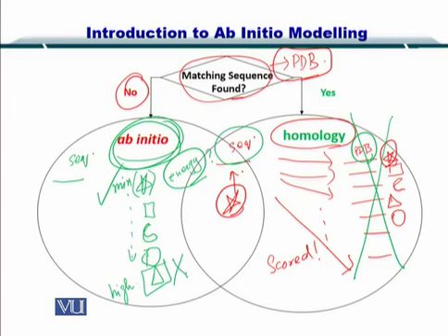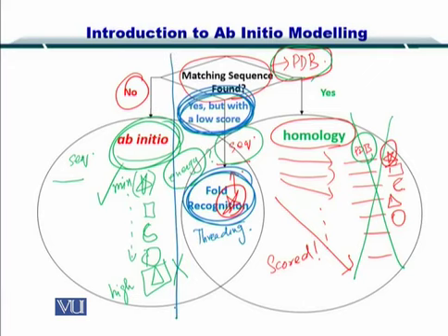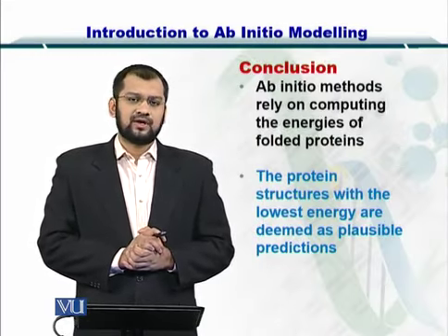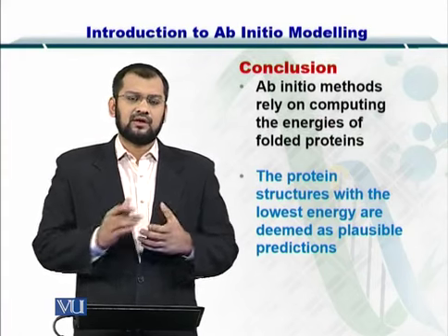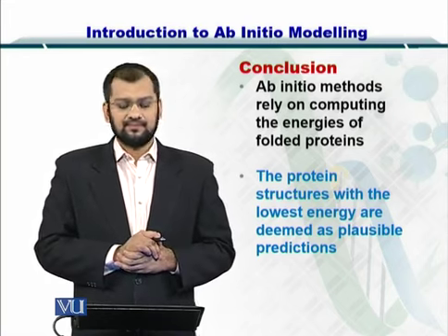Of course, there could be a situation where you find something in the PDB, but it has a low score. In this case, you used fold recognition or threading. This is why ab initio modeling is quite useful for cases where you don't have the structure from the PDB. In conclusion, ab initio methods rely on computing the energy of structures, and once you compute the energy, you select the structure which has the minimum energy.